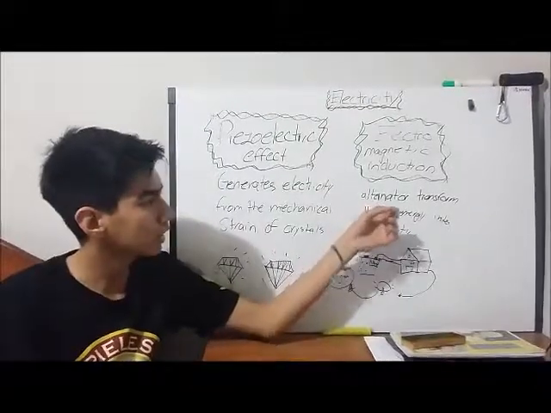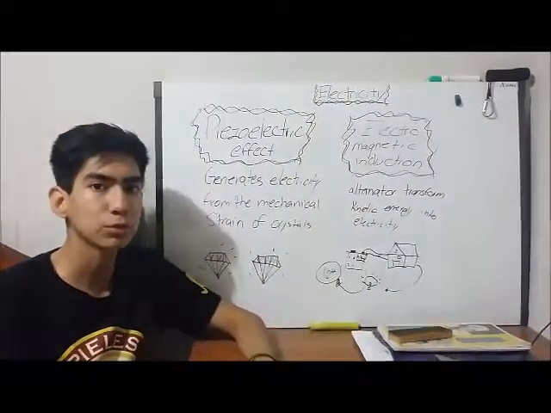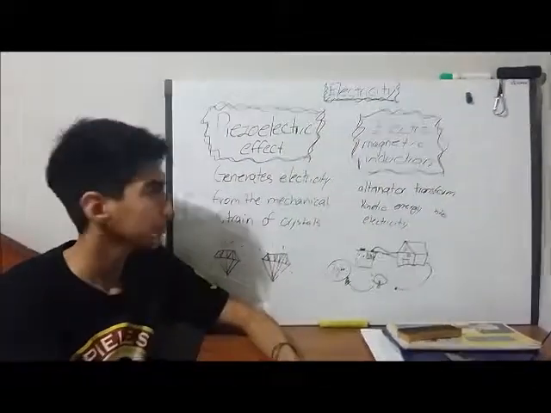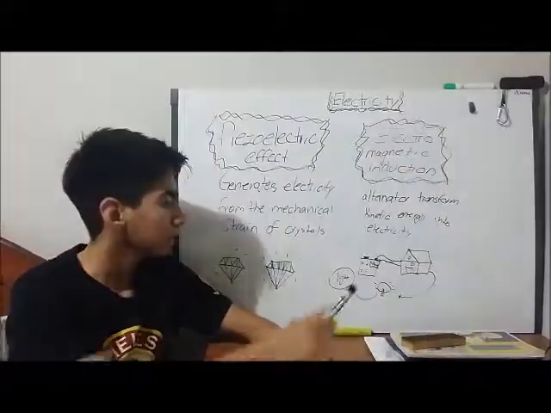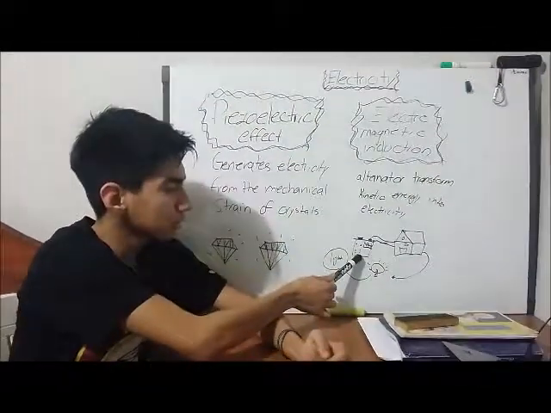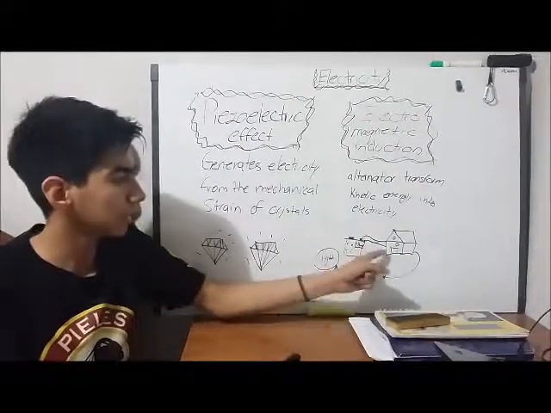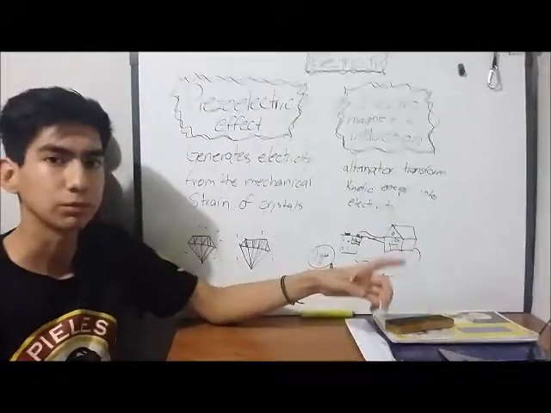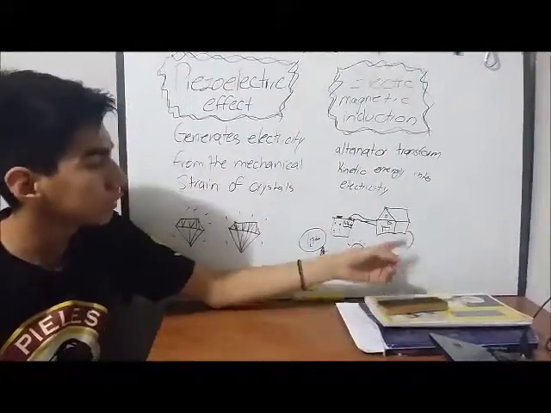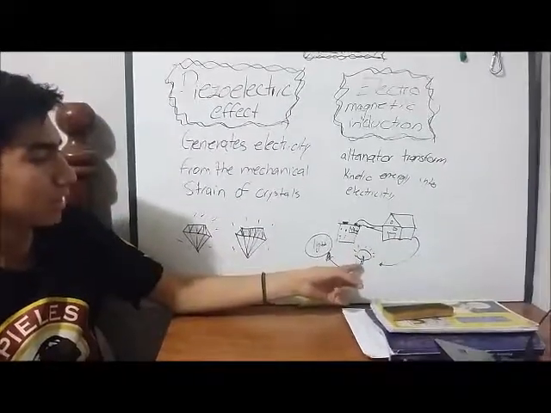It needs an alternator that transforms kinetic energy into electricity. We have an example here. This is a transformer. It helps the house get electricity, and the lights turn on.